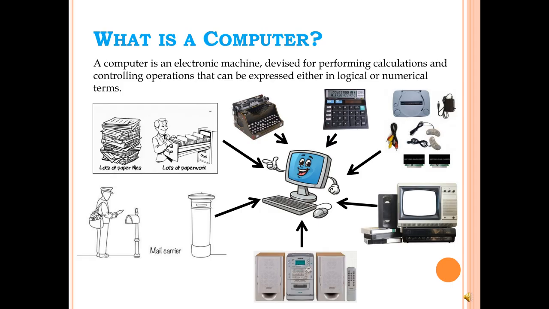That means the sender drops a letter into the big letter box, the postman collects it and delivers it to the small letter box, and from there the receiver receives the letter.